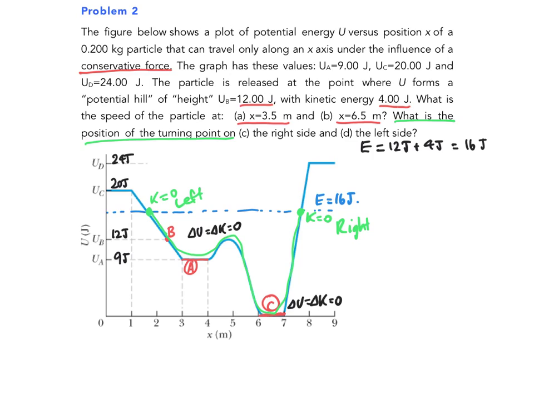So let's go on to start solving the problem. First of all, let's look at question A. So question A is saying, what is the speed of the particle in region A? So we know that the potential energy in region A is 9 joules.